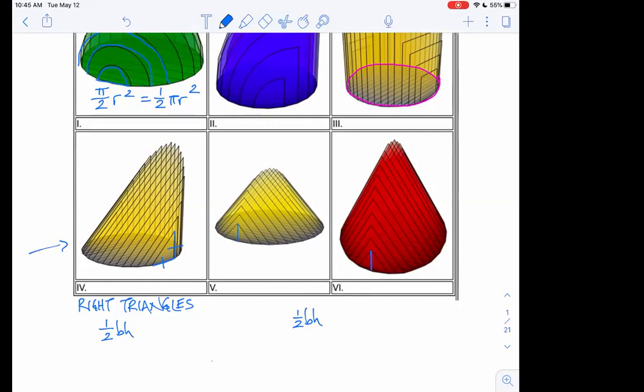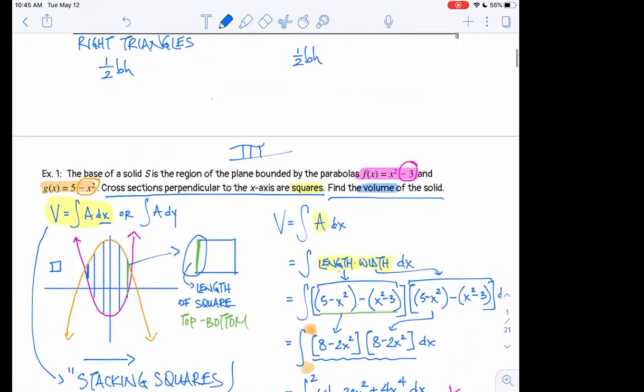Now, this line down here is going to be like the line that I drew in the previous problem. But in question number 1, that line represented the length of the square.